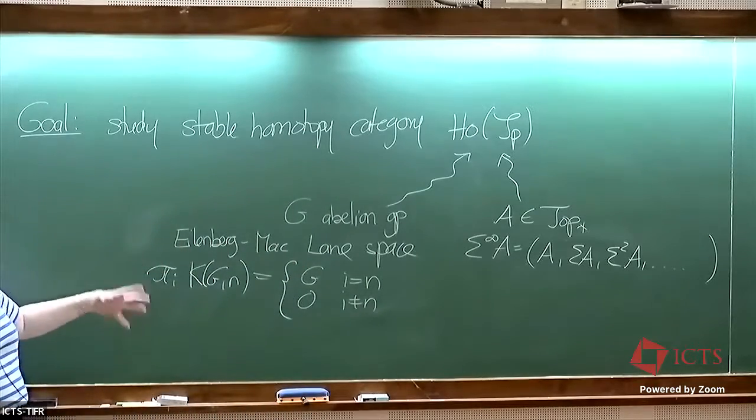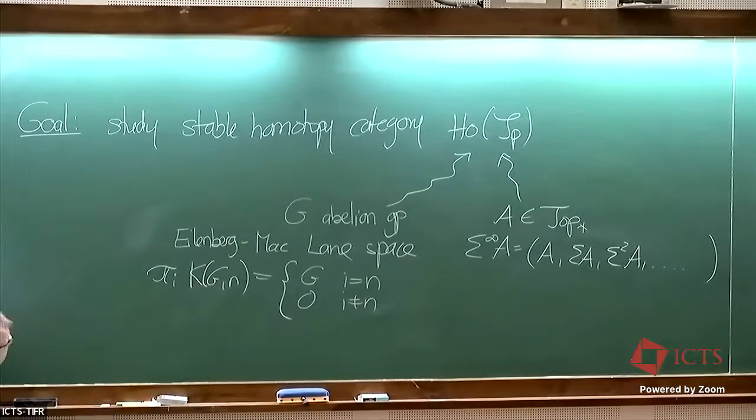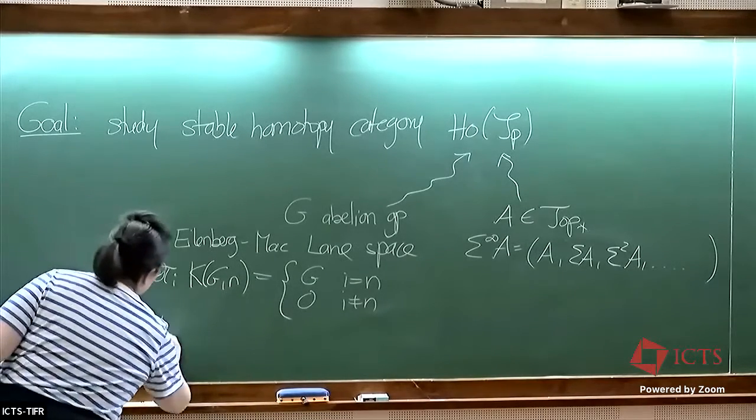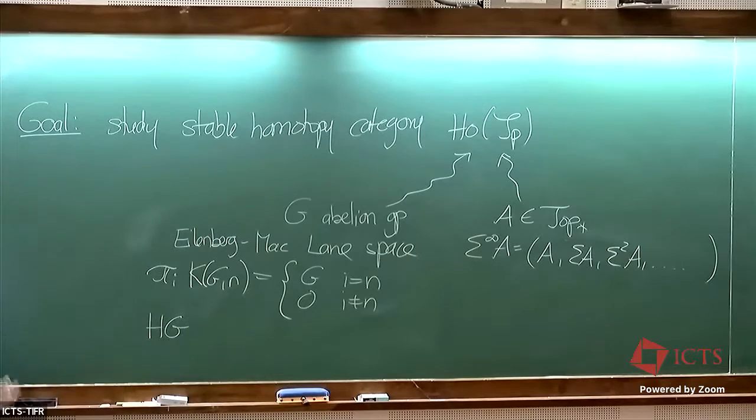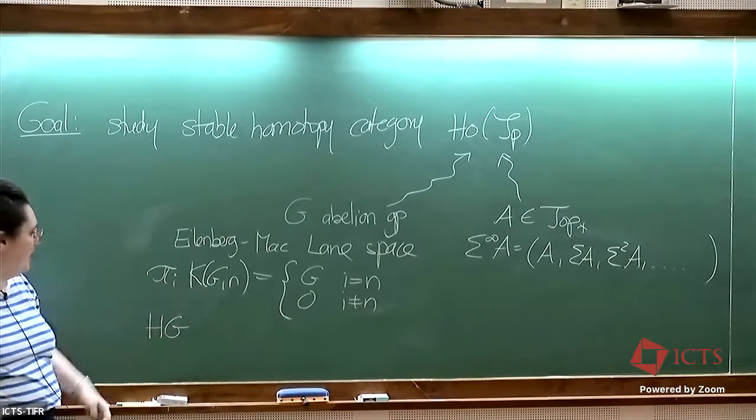So that is how to take a group and make it into a space, but you could also make that into a spectrum. It's denoted HG rather than KG.